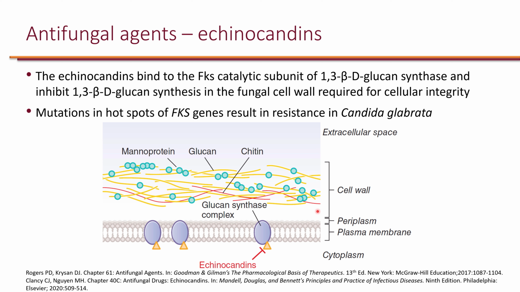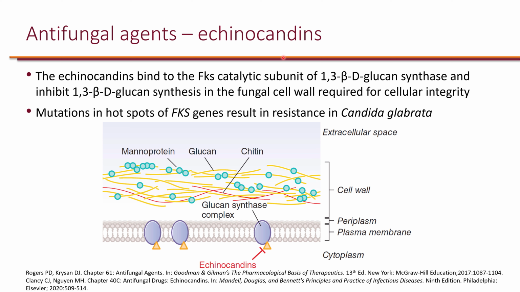So Cryptococcus species don't have a significant amount of 1,3 β-D-glucan. In fact, Cryptococcus species mostly rely on the 1,6 β-D-glucan, and these agents will not really inhibit 1,6 β-D-glucan.